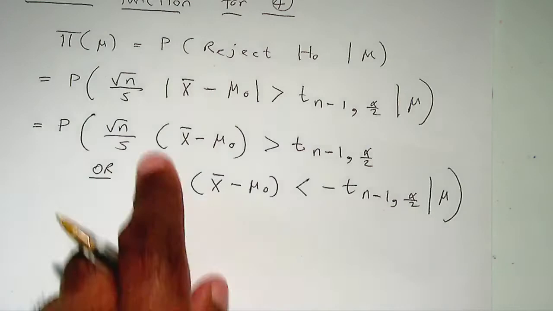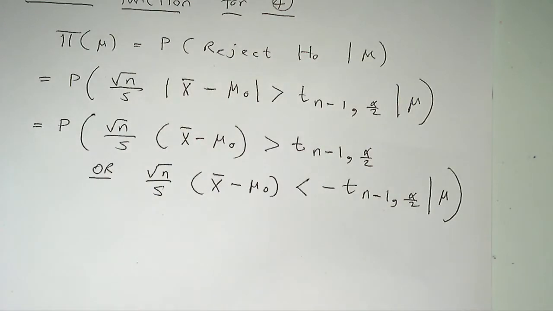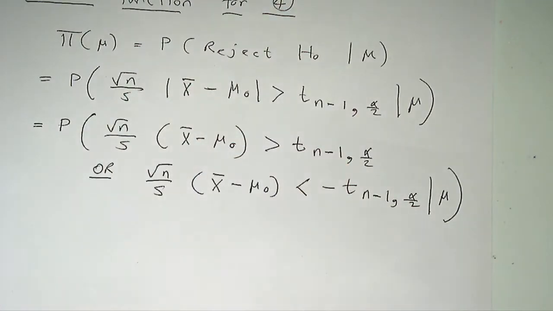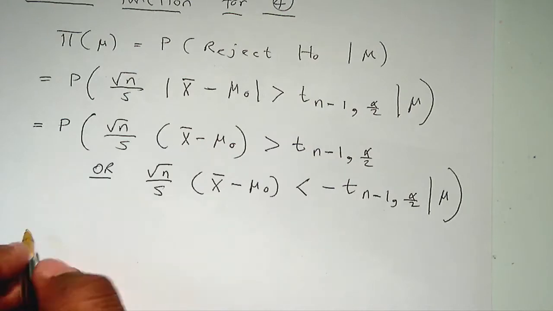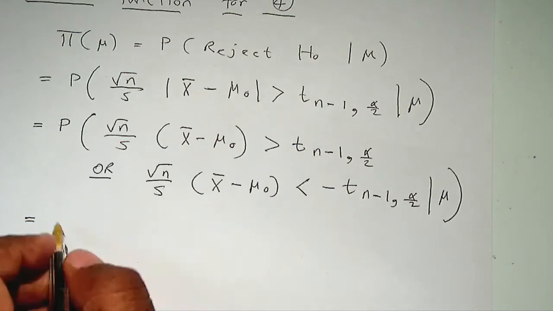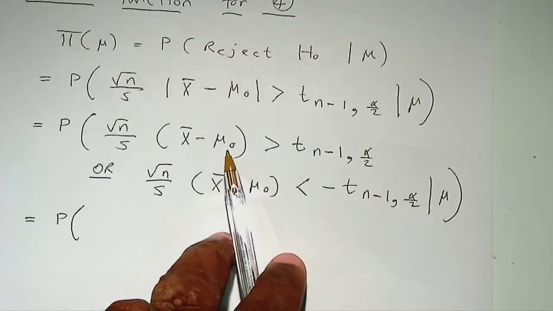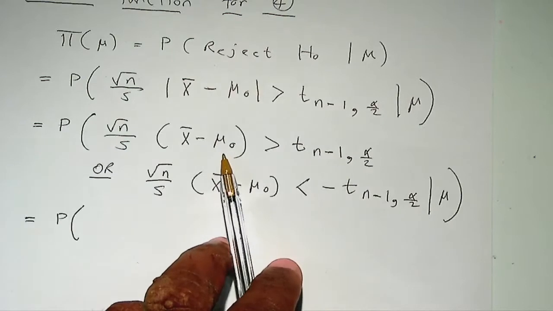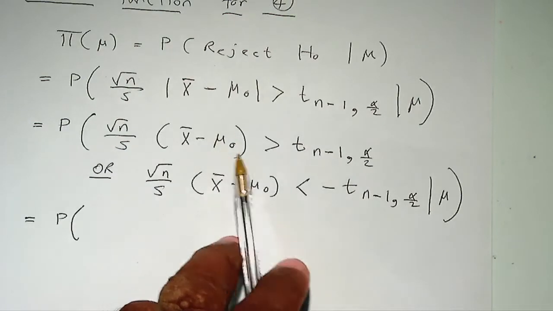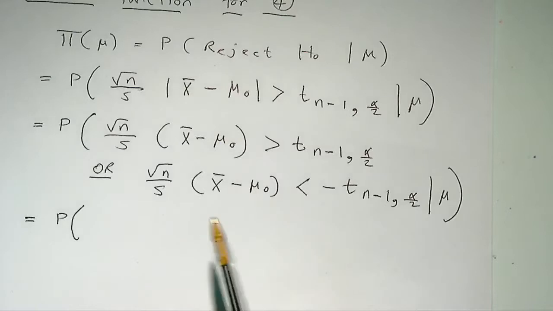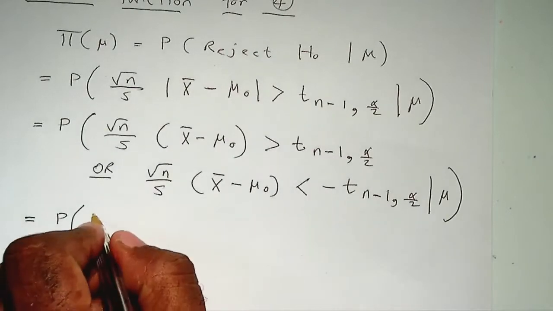You should remove the absolute sign. This is the same as this happening or this happening, right? Then the next step is to remember we are conditioning on the true population mean being equal to mu, which is not the same as mu 0. So the next thing to do is to replace these 2 guys by mu.